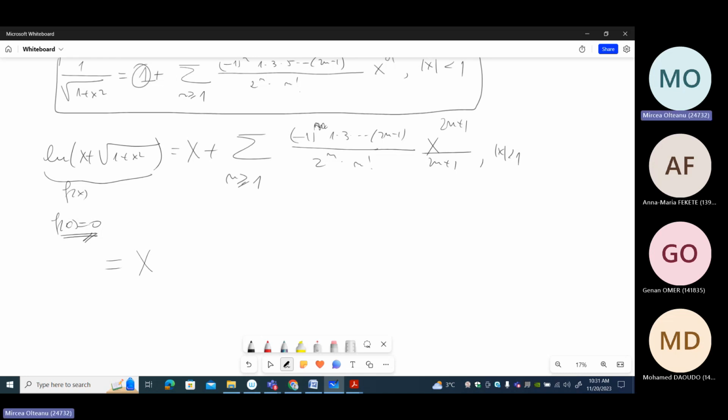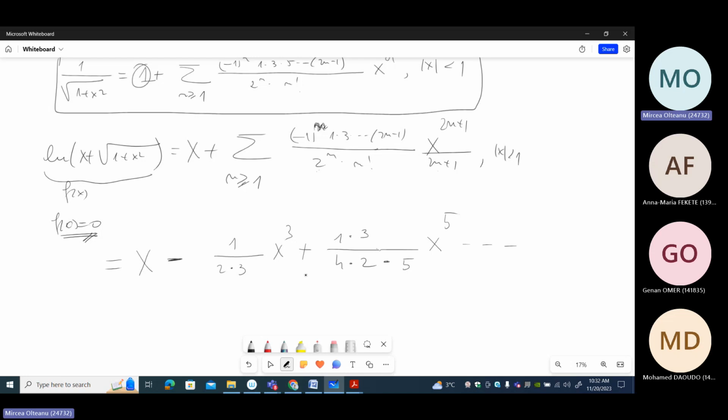Now the second term, with n equals 1, will be minus 1 over 2 times 3, x^3, plus the third term for n equals 2, which will be 1 times 3 over 4 times 2 times 2n plus 1, which is 5, x^5, and so on.